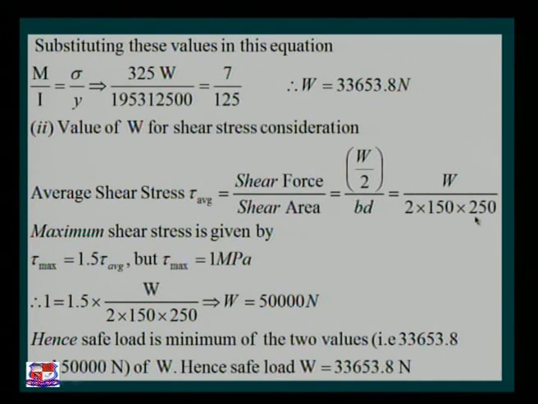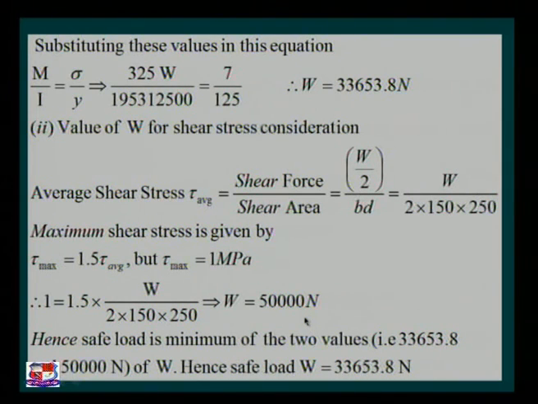But the value which is given to us is the maximum shear stress, that is tau max is equal to 1.5 times tau average. So tau maximum is equal to 1 megapascal. So 1 is equal to 1.5 cross W by 2, 150, 250. By simplifying this, we achieve W is equal to 50,000 Newton. We have two answers right now.